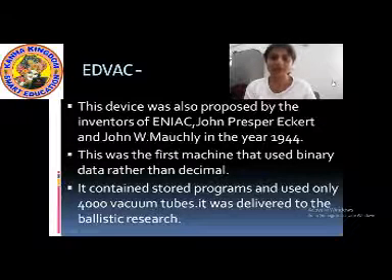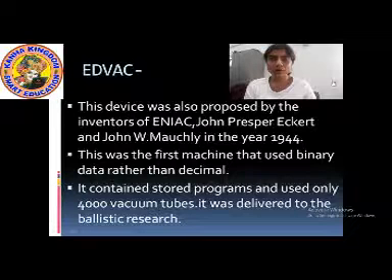This computer also contained stored programs, and it used only 400 vacuum tubes. Okay, students? This was about EDVAC.